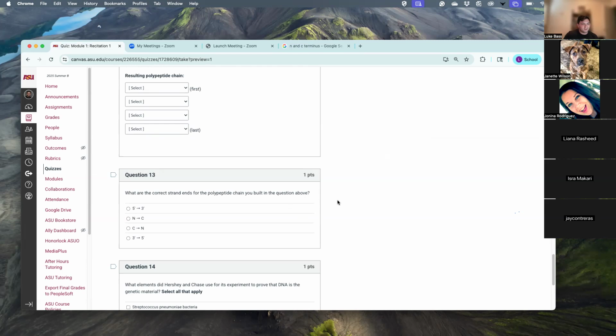Does that answer your question at all? Can you just repeat the last two sentences that you just said? Yeah, so the polypeptide chain orientation, in terms of the N and C terminus, is going to follow the same orientation as the mRNA sequence, which is 5' to 3'.